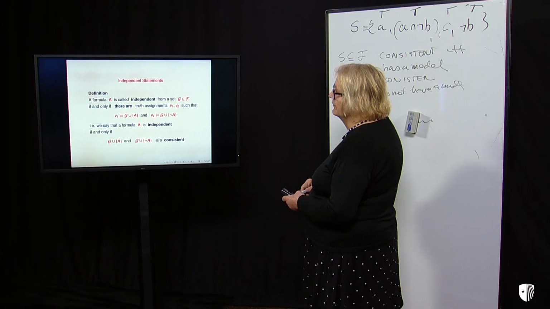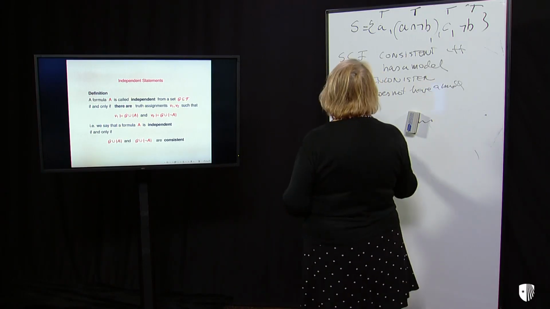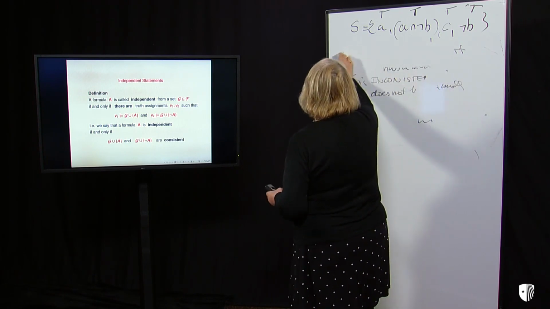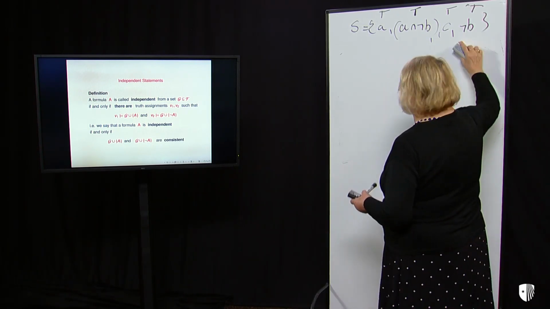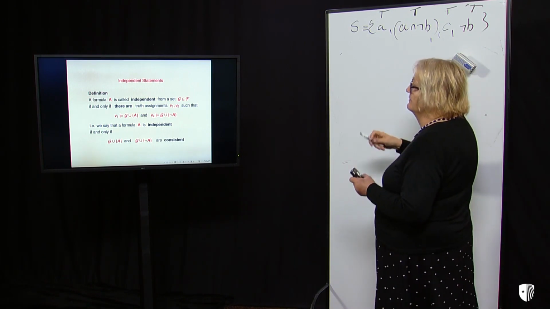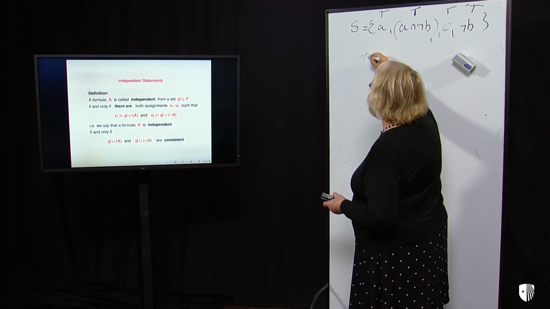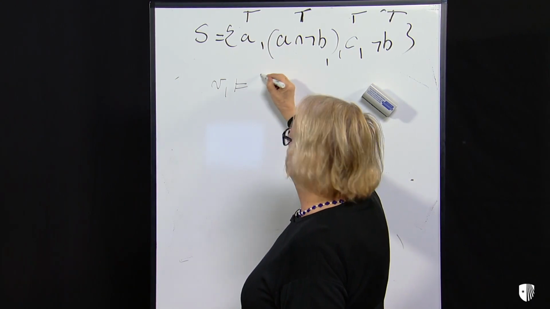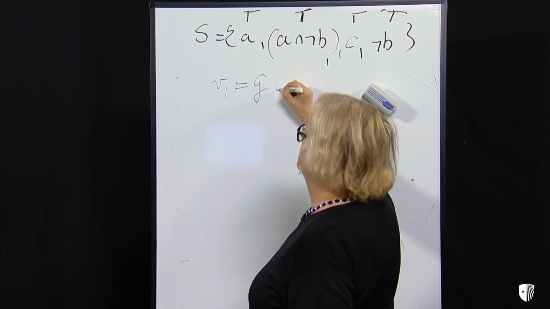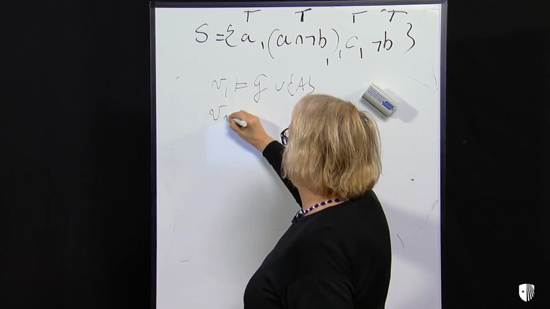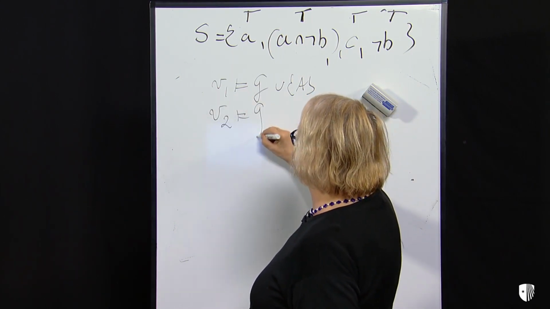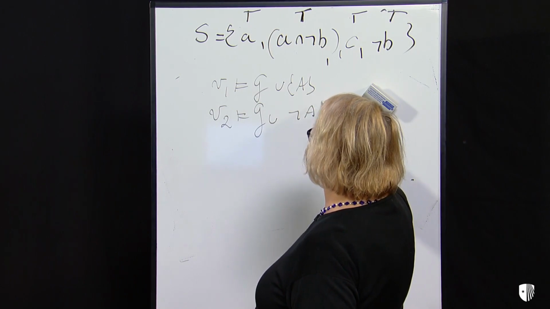So we say that the formula is independent from the set if you can have two models: V1 a model of G where you add the formula, and V2 a model of G where you add the negation.